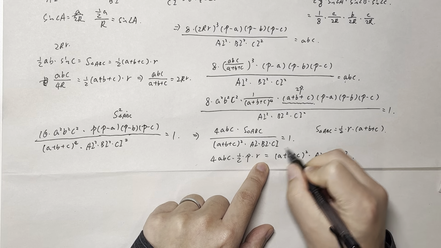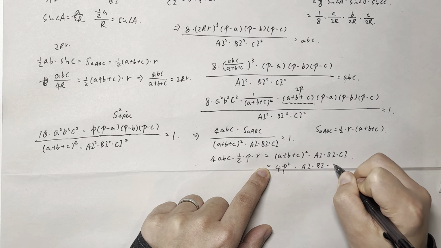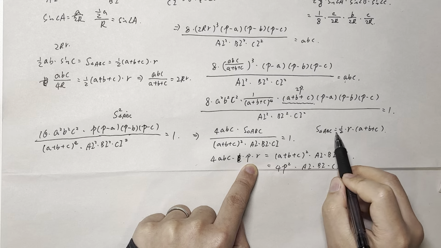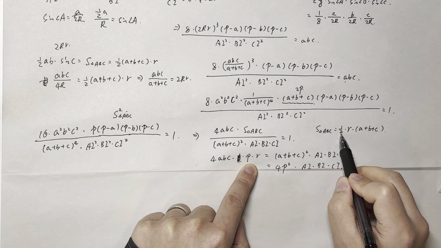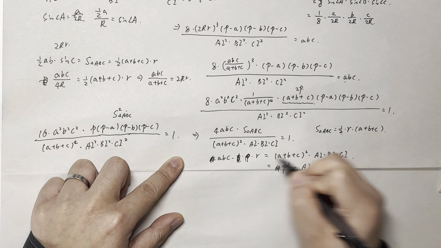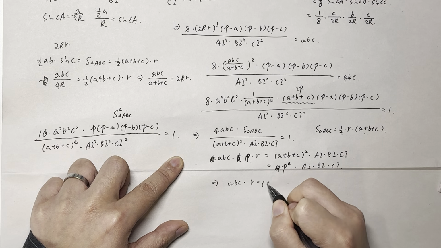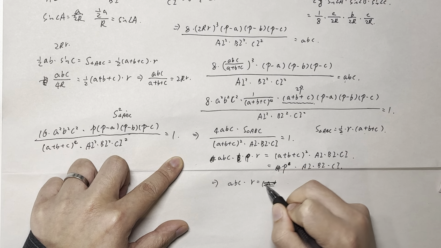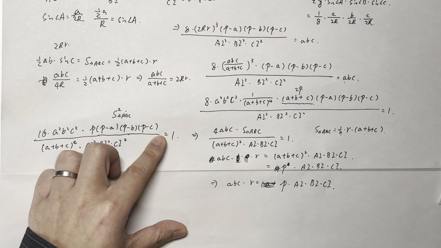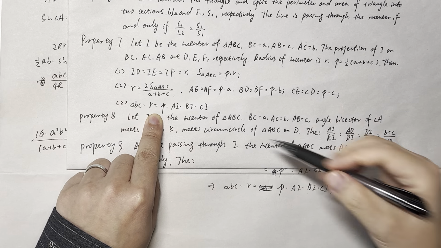So this one equals 4P squared times AI times BI times CI. This is not half, right? Pr, that's half already here. That's P, so Pr. So we have 4 cancel out and P cancel one of them. So we got ABC times r equals P times AI times BI times CI, right? Which is the one that we are looking for.